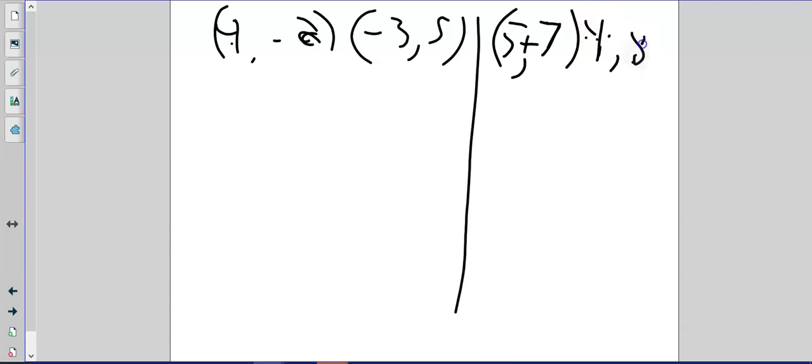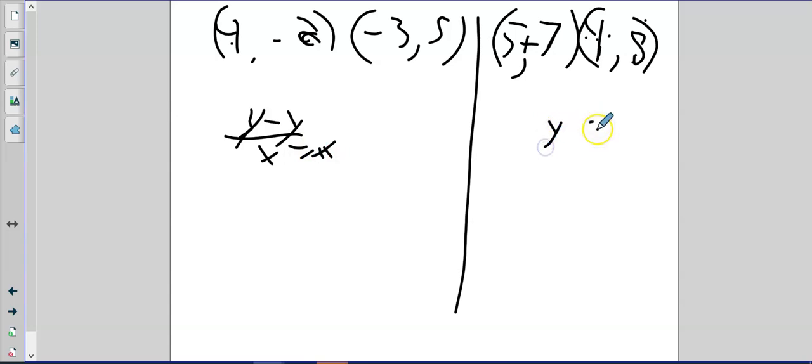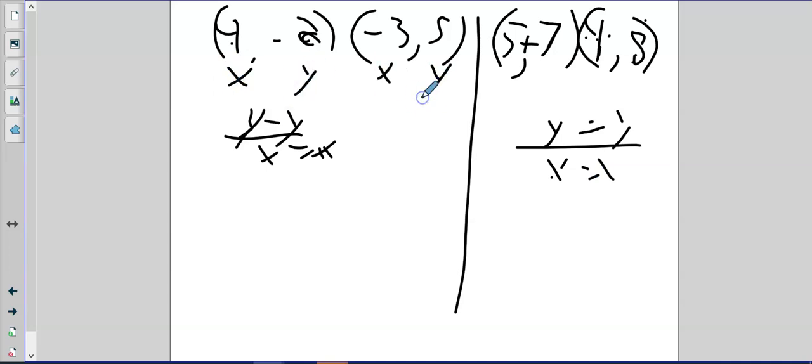Sorry, my pen is acting up. I do the equation, which is y minus y over x minus x, both times. It's driving me crazy. So I identify my x's and my y's.